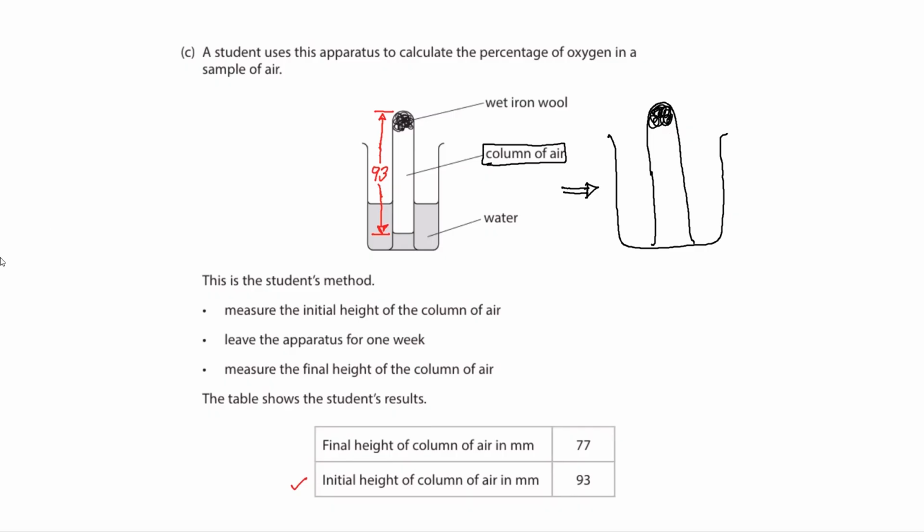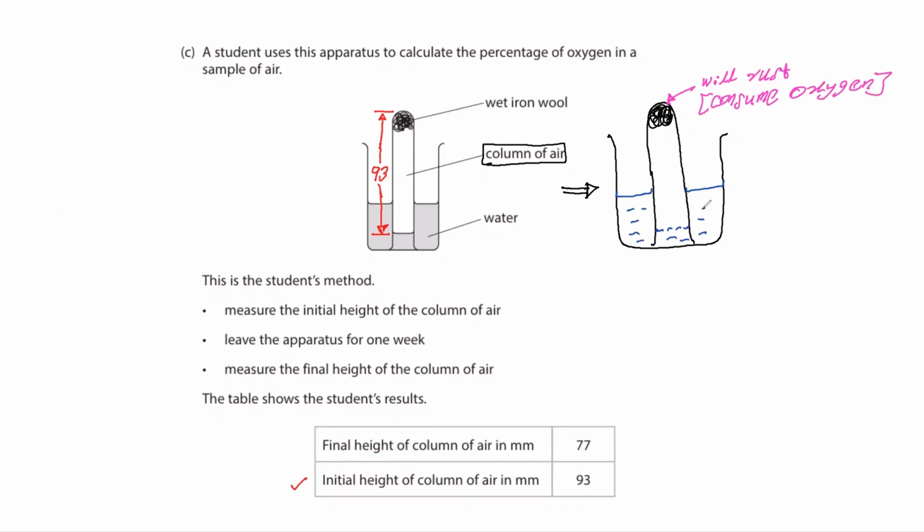Iron will undergo rusting. Rusting means reaction with oxygen. So when it rusts, it will consume oxygen. Initially my liquid level was here. This is the initial liquid level.